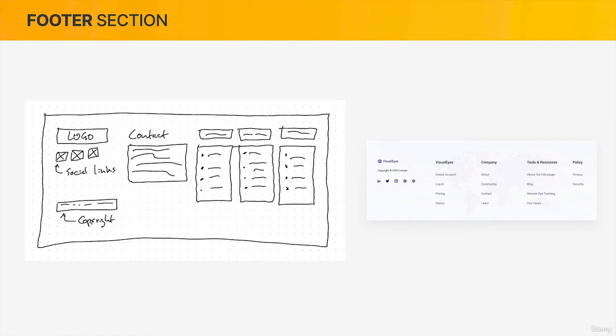Then in the second column, we're going to have some contact information of the company, and then in the remaining 3 columns, there will be some additional links. So again, like here in this design example on the right side. Okay, so 5 columns and a really professional looking footer. And so let's get to work and build this.